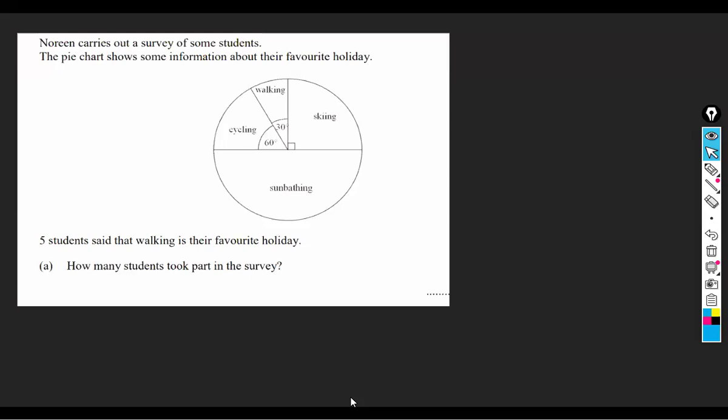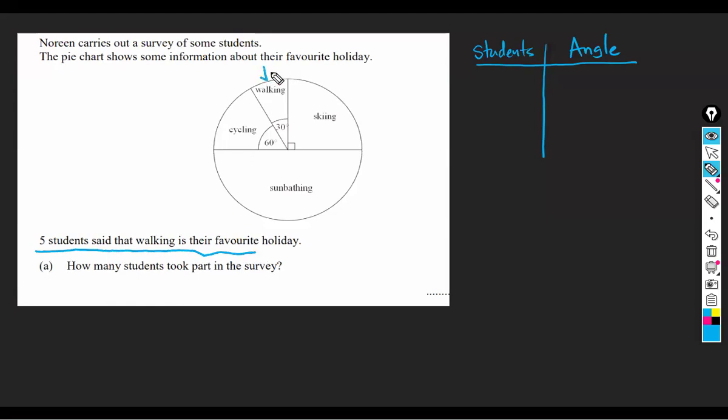Let's find that relationship. So it's two things here, the number of students and the angle. They're using an angle to represent the amount of students. So they said 5 students said that they prefer walking.